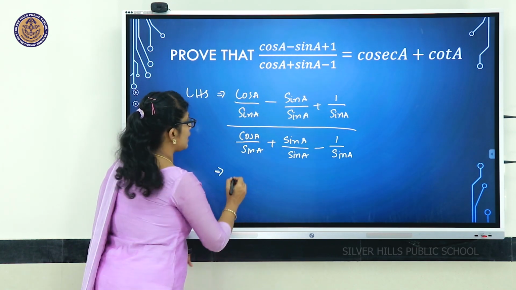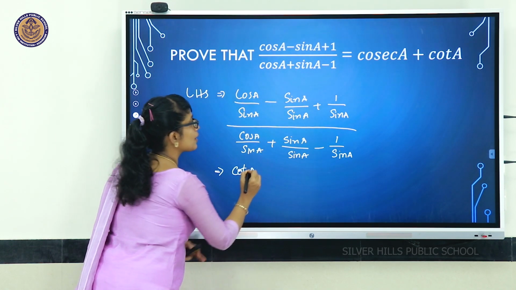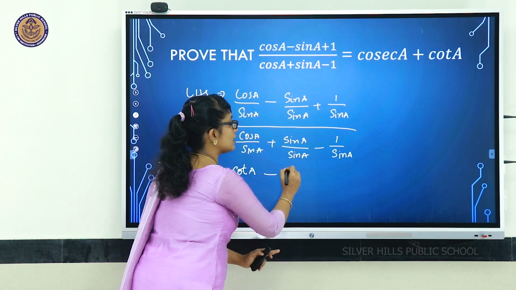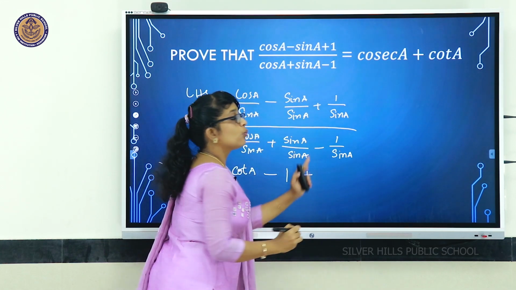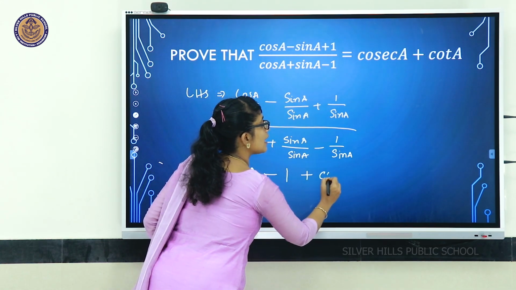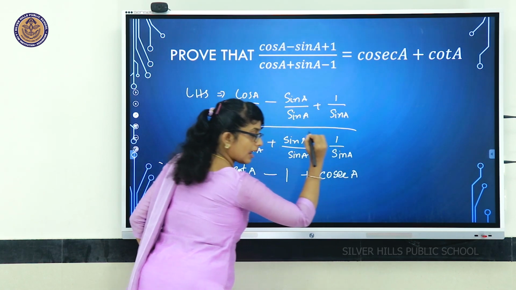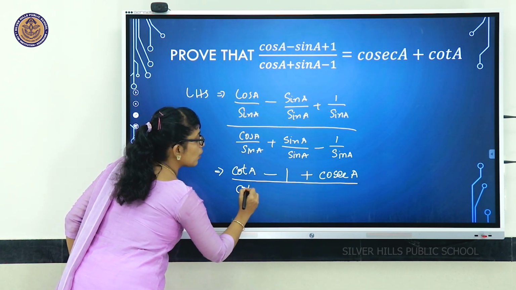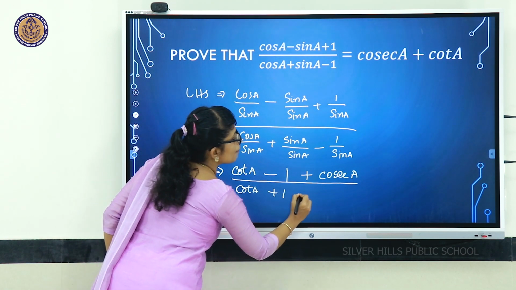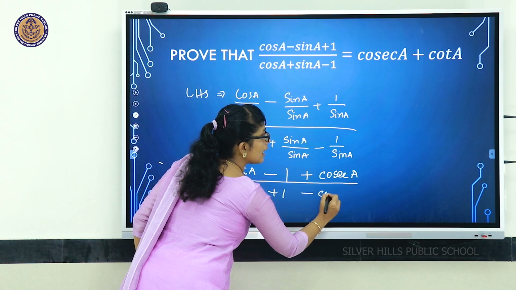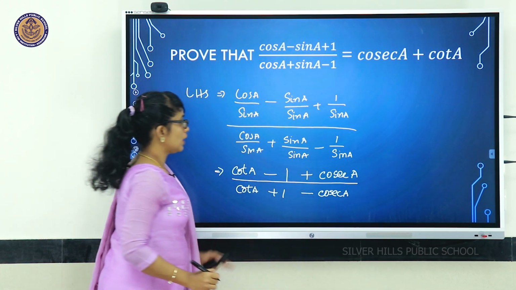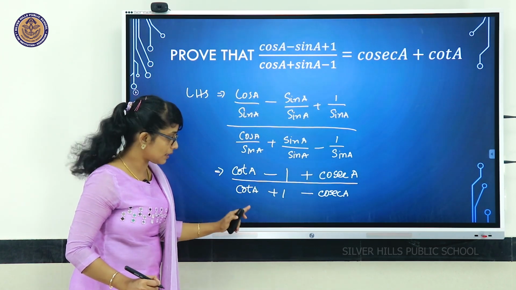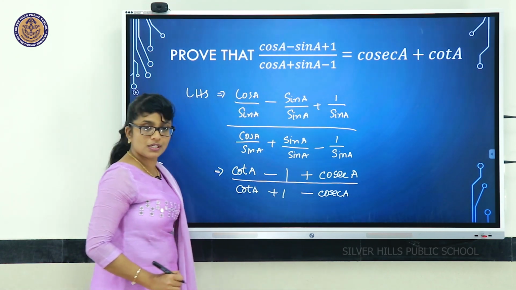Cos A by sin A equals cot A. Sin A by sin A is 1. 1 by sin A equals cosec A. So the numerator is cot A minus 1 plus cosec A, by cot A plus 1 minus cosec A.